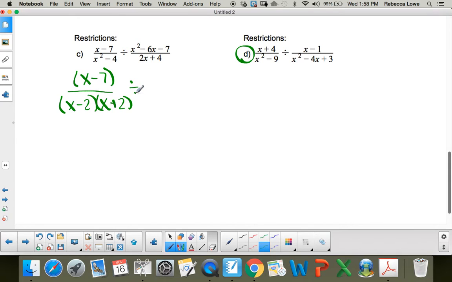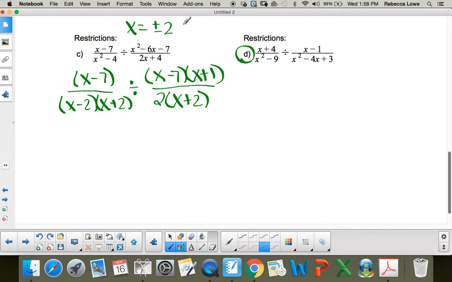The numerator of the second fraction factors to x minus 7, x plus 1. And the denominator factors to 2, x plus 2. So far my restrictions are 2, -2, and -2. So plus and minus 2.